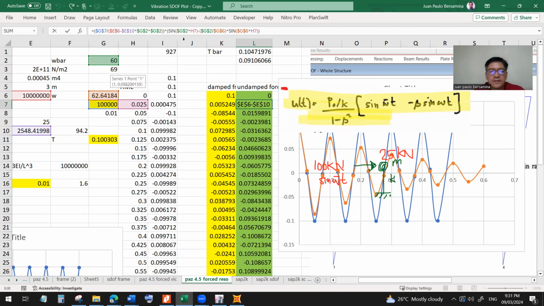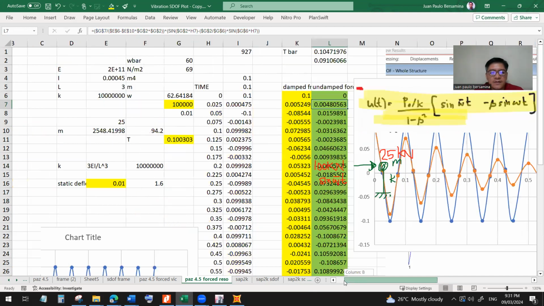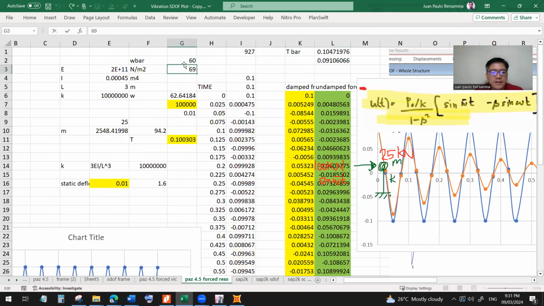Okay, 1 minus beta square. That is E10, beta, G2. That is basically K minus omega bar square M na pala, no?